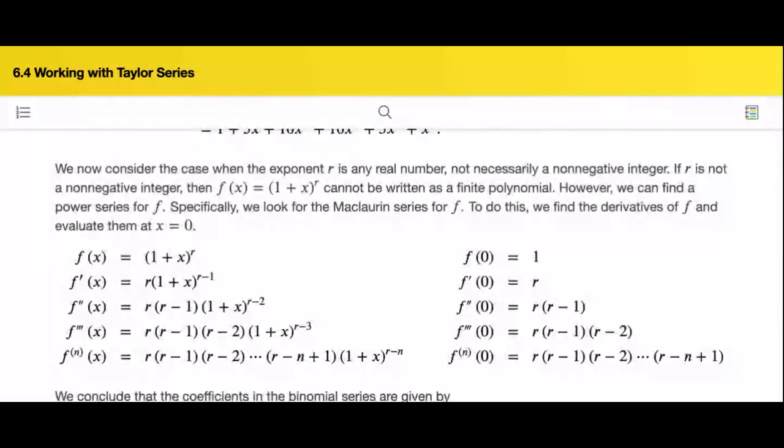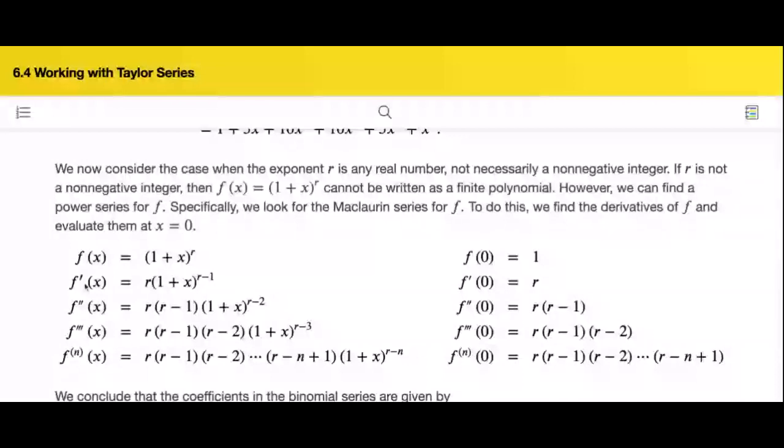Okay, so 1 plus x raised to r is our function. And we use the definition of the Maclaurin series, right? The Maclaurin series is just the Taylor series centered at 0. So we need to find all levels of derivatives. So the function is 1 plus x raised to r, where r is not a variable, right? x is a variable, r is just some number.